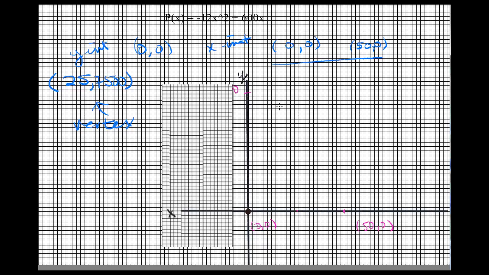But I will show you what it looks like to scale. I have a graphing program that I use, and that helps us create it a little bit more to scale. If we follow that up and say this is our 7,500 right up here, it's going to be about right in there. Remember, our vertex is going to be U-shaped, not V-shaped, so it's not going to come to a point.